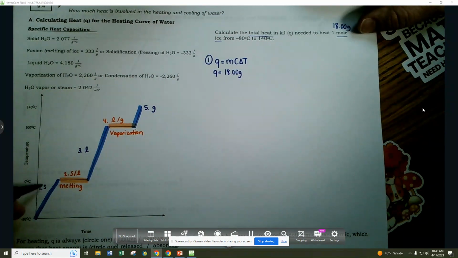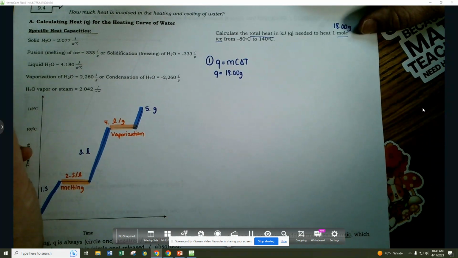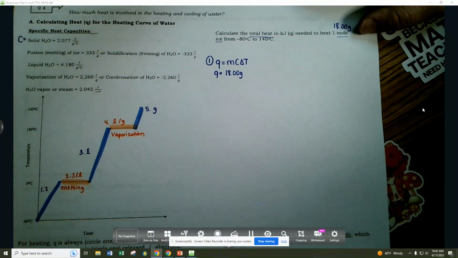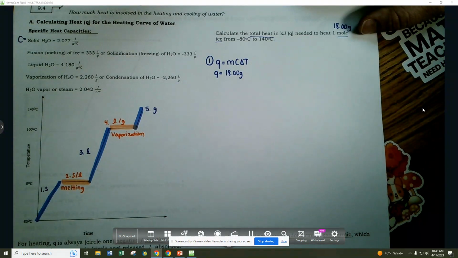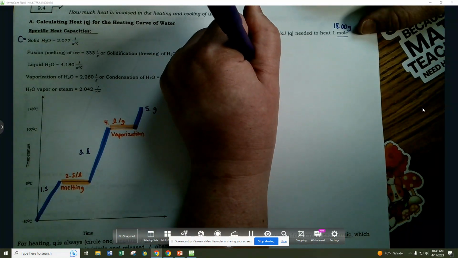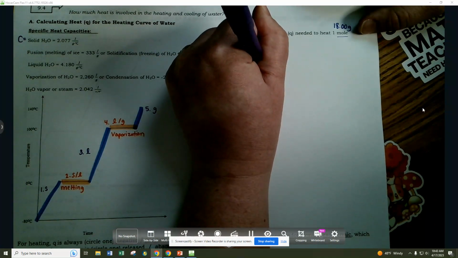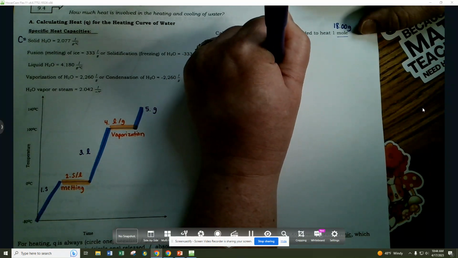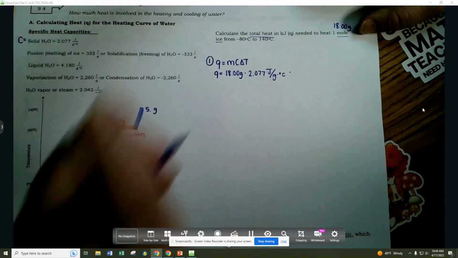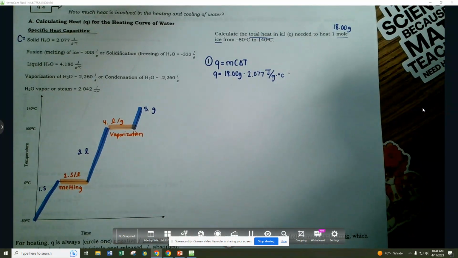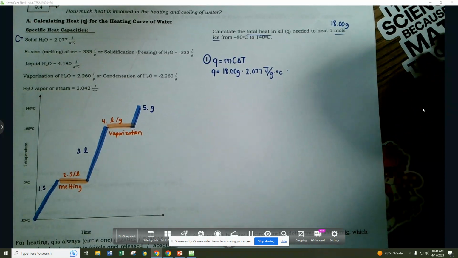The next thing is understanding that this is the solid state here. We have a bunch of constants, and this is the C value, the specific heat value of water when it's in the solid state, because different states of matter react differently to how much heat energy will raise the temperature of a gram of it. And then lastly, we need delta T. If you recall, delta T stands for change in temperature.